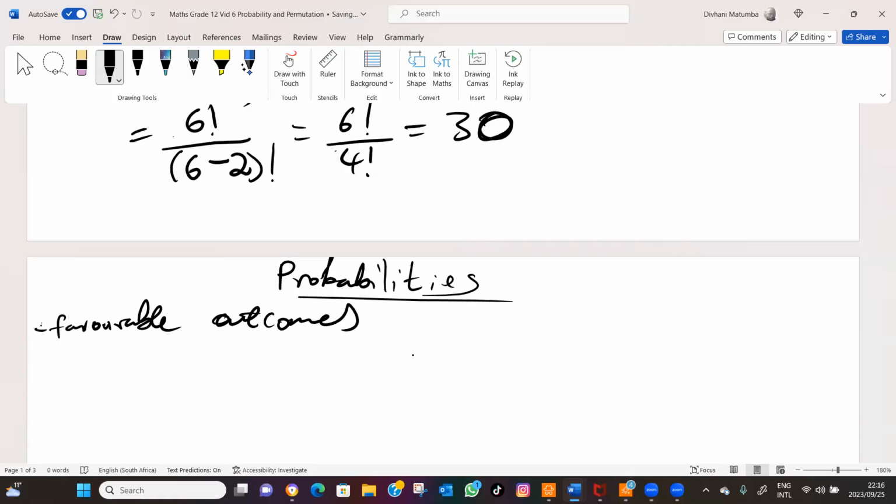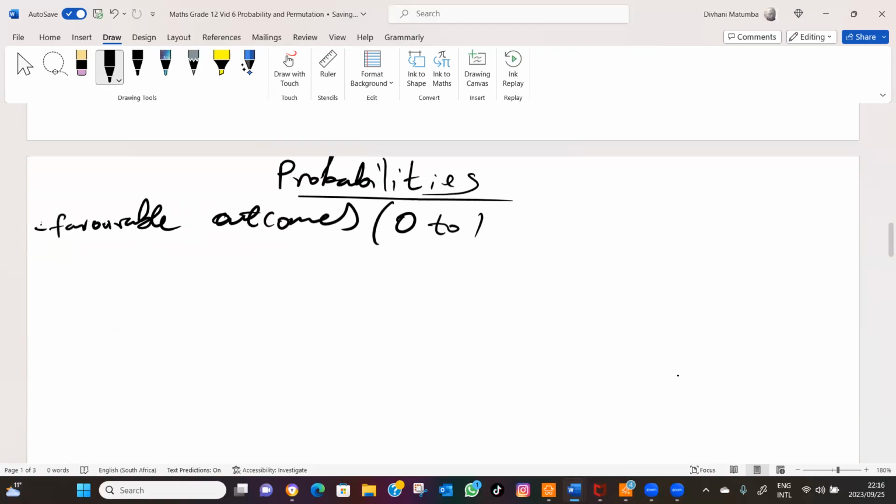Right. And probability is between 0 and 1. Now, as I've indicated earlier on, probability is a chance of an event, or a chance of a certain outcome to take place.